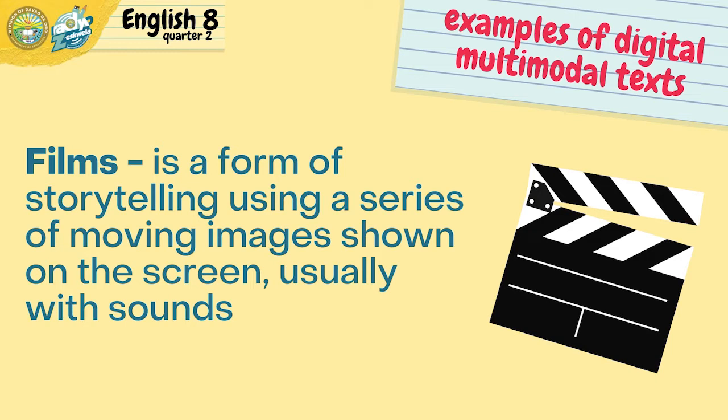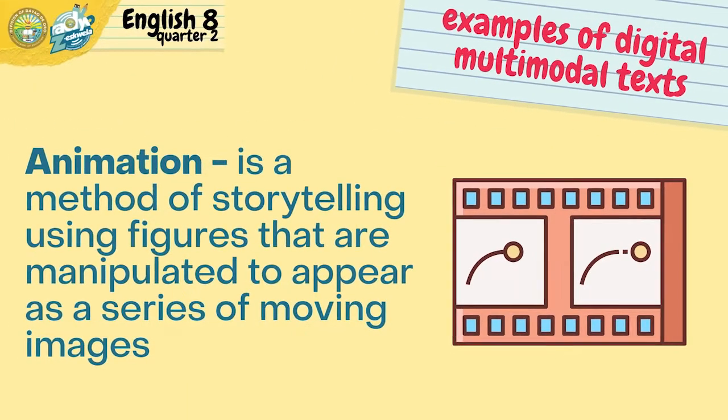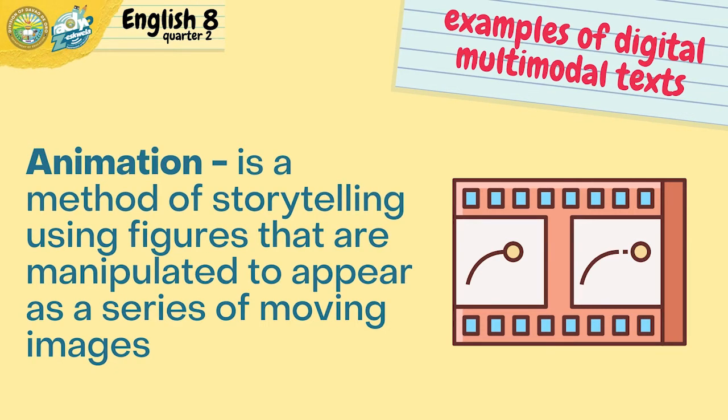What are films? This is a form of storytelling using a series of moving images shown on the screen, usually with sounds. And most people love this, especially our teens, our learners. Second, animation. It is a method of storytelling using figures that are manipulated to appear as a series of moving images.